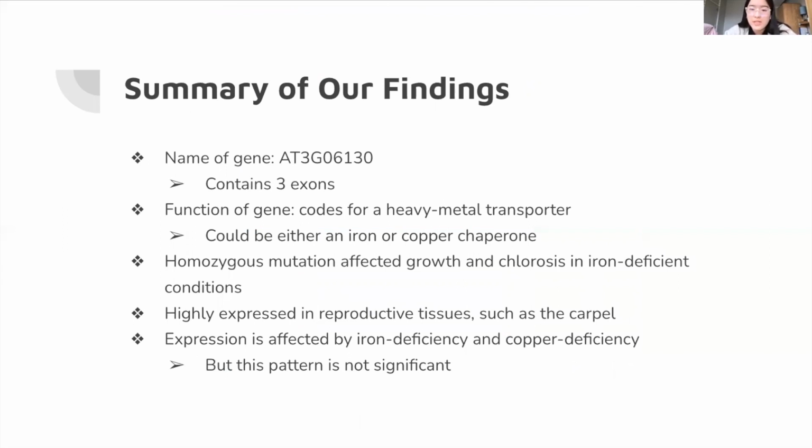After applying a mutagen to our gene of interest, we discovered that the homozygous mutation negatively affects growth and increases chlorosis when grown in iron-deficient conditions. Our gene is highly expressed in reproductive tissues such as the carpel. Its expression is somewhat affected by iron deficiency and copper deficiency, but this relationship is not significant, so more experiments need to be conducted to confirm that this pattern is significant.